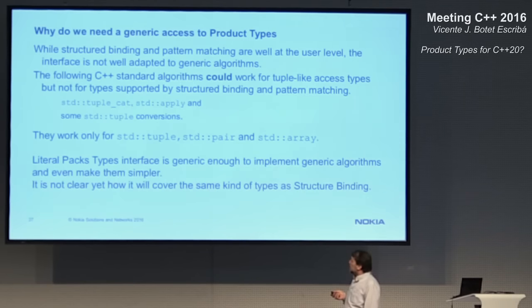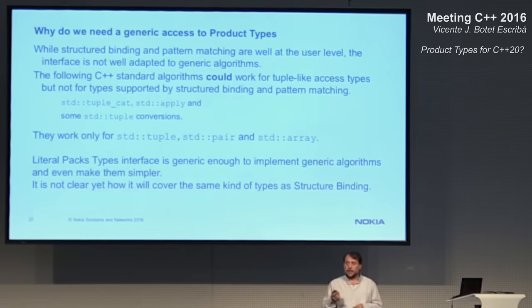Then, even if a structure binding is friendly, we need something generic. And currently in the standard, we have algorithms like tuple-cat, std::apply, and some tuple conversions that work only for these types, tuple, pair, and array, only for the standard types.